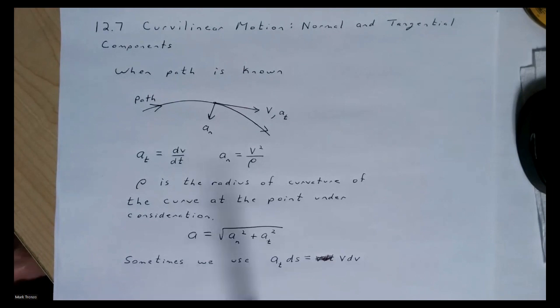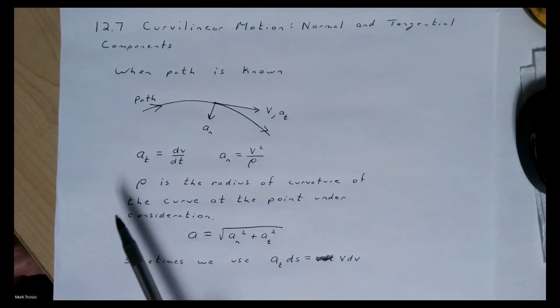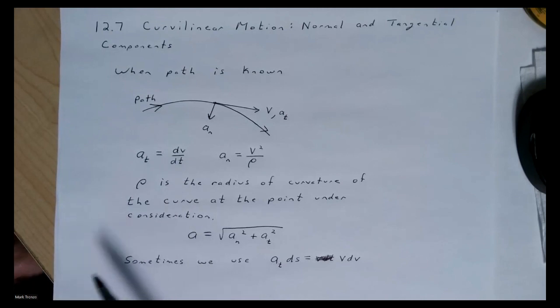So now this radius of curvature is going to depend on the type of curve that we have. If we have a circle, the radius of curvature will simply be the radius of the circle. If we have a straight line, then the radius of curvature is essentially infinite.